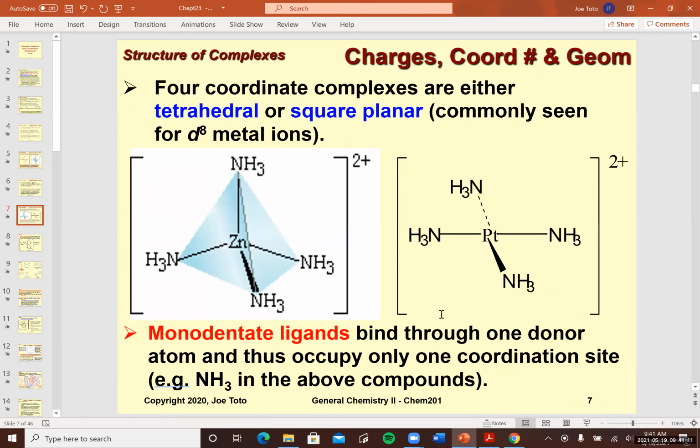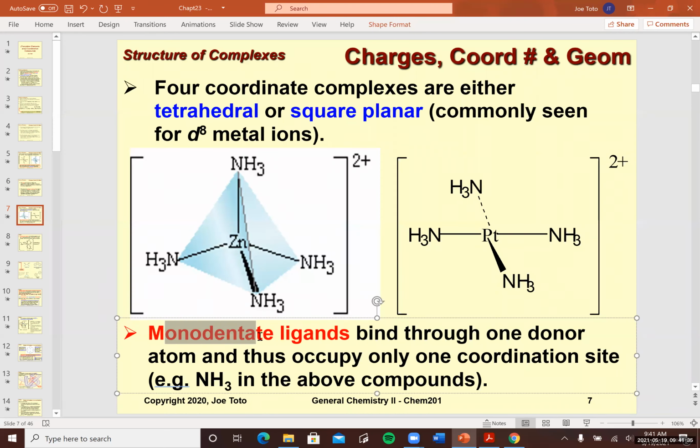All right. Then we took a look at a couple more structures, square planar, which tended to come about with metals that have a d8 electron configuration. And then metals that have other electron configurations tend to form tetrahedrals if there's 4 ligands.